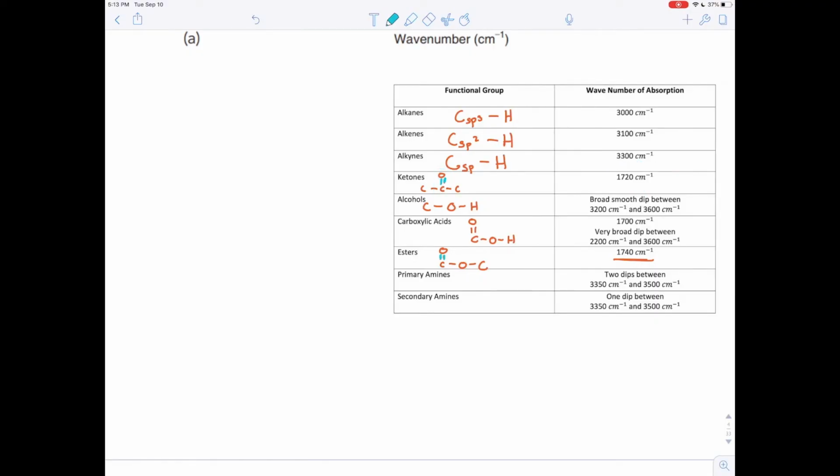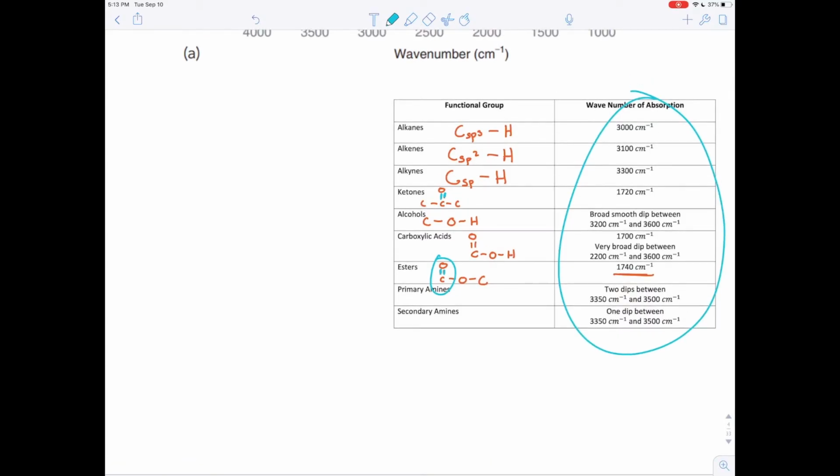It's around 1720. I should mention that these numbers here are different in different textbooks. They'll also be different a little bit with every different instrument you use. These are a rule of thumb. They're a reference you're learning at the very beginning so that you can get a more nuanced appreciation of things later on. It's a place to start. So, 1740, that's about where you'll see the absorption for an ester.